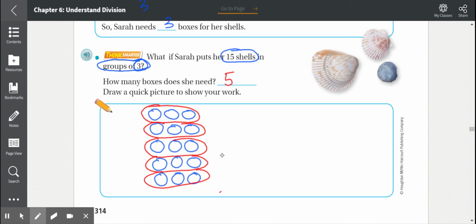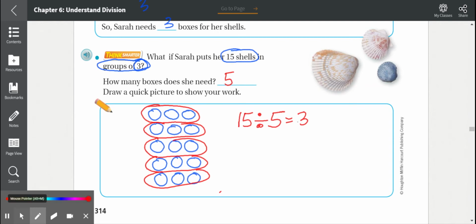So this division problem would be Sarah has 15 shells and she divides those 15 shells equally into 5 boxes. 1, 2, 3, 4, 5. And that equals 3 shells in each box. Okay. Let's turn the page and keep going.